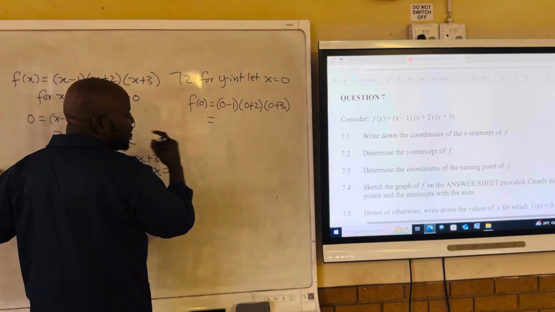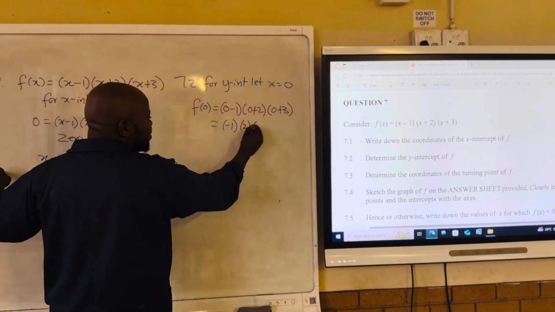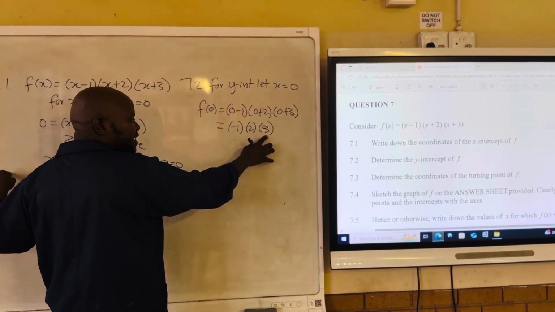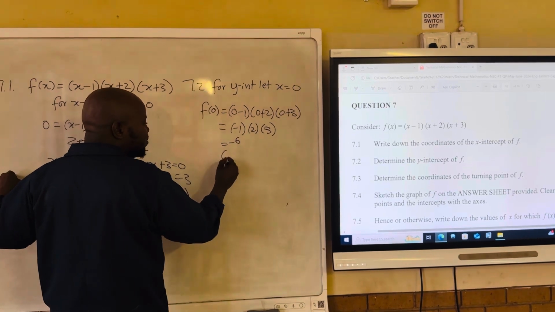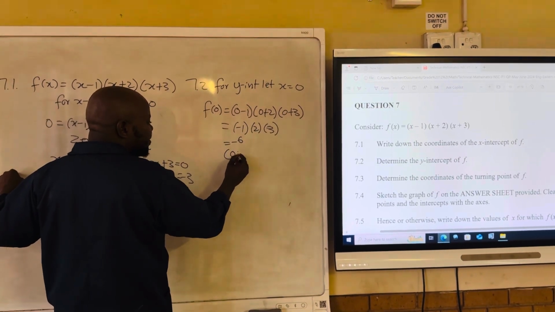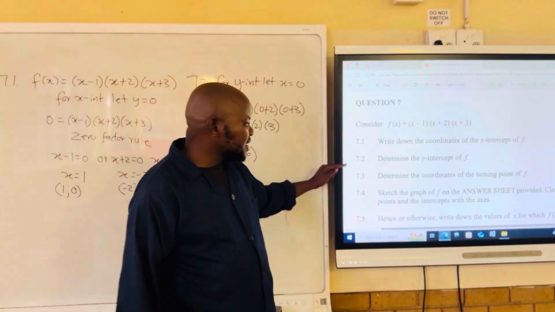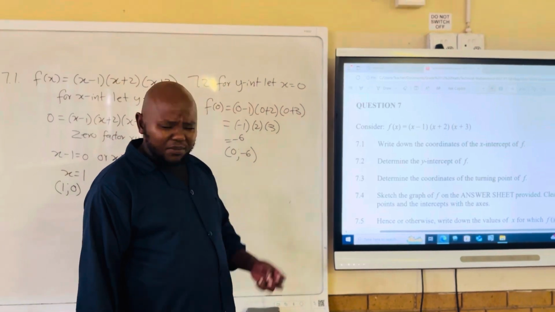We're going to have negative 1 into 2 into 3. 2 multiplied by 3 is 6, and 6 multiplied by negative 1 is negative 6. So we have (0, negative 6) as our y-intercept.